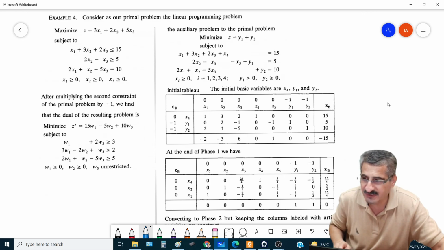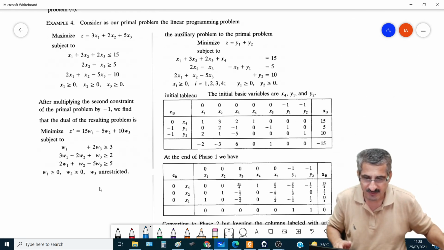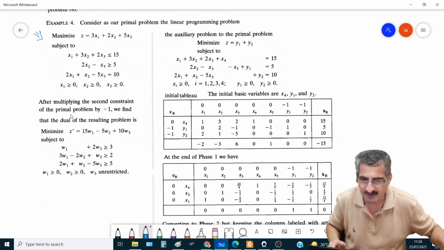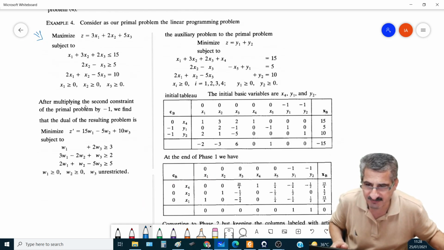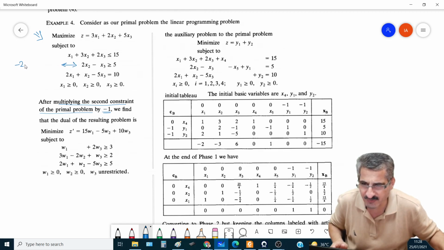Now, consider our primary problem in the linear programming. Okay, so this is our primary problem. And then see here, after multiplying the second constraint of the primary problem by negative 1, we must replace this by negative 2x2 plus x3 less than or equal to negative 5.